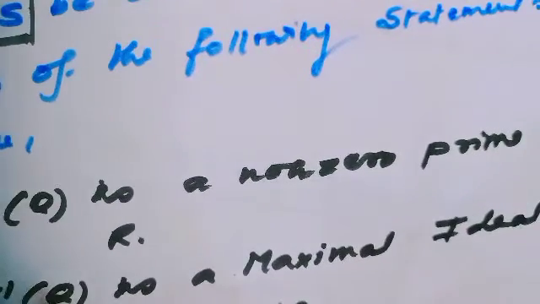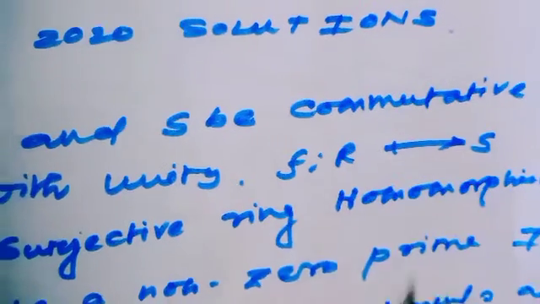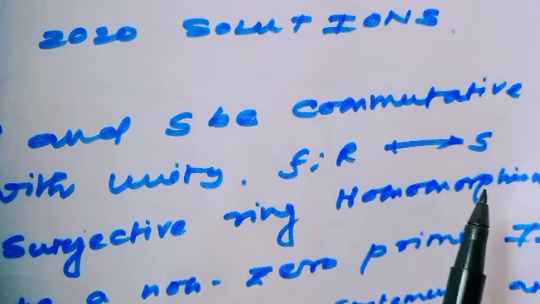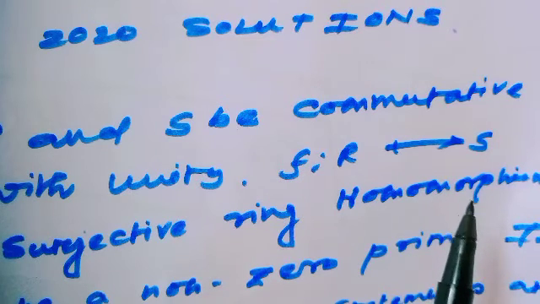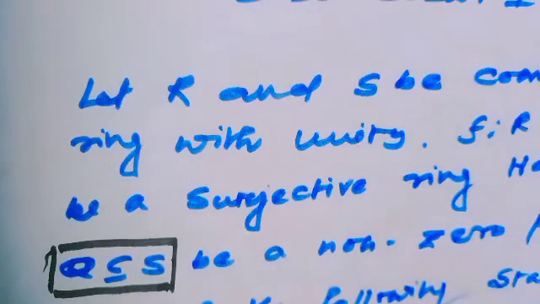Here we have to prove f inverse of Q is a non-zero prime ideal in the ring R. First, f is a ring homomorphism, and not only that, it is a surjective ring homomorphism, and given Q, a subset of S, is a non-zero prime ideal.